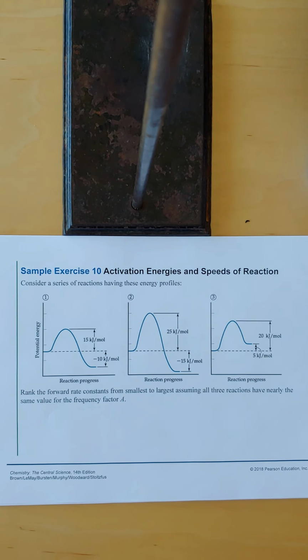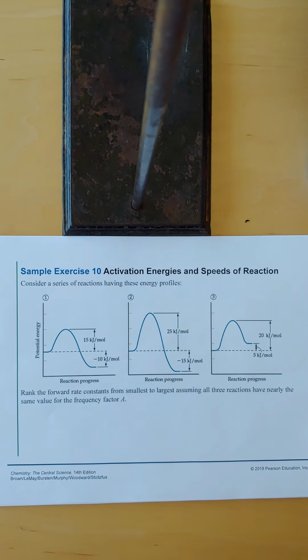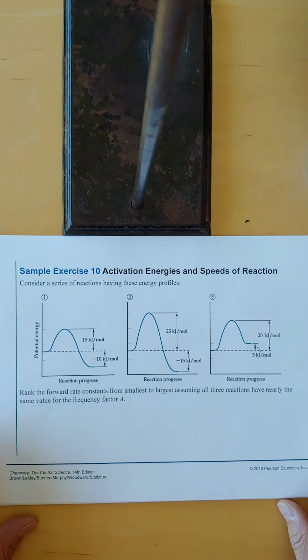Again, what we look at is that frequency factor that comes from the Arrhenius equation. In the Arrhenius equation, there's that value of A, which is what's known as the frequency factor, which is related to the number of collisions and the number of effective collisions.